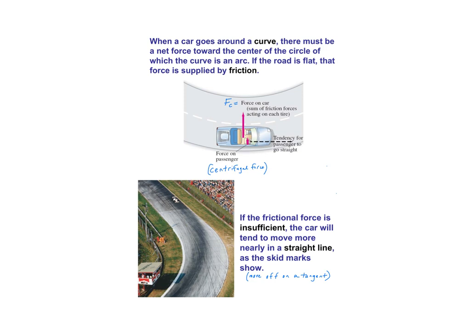Okay, here's just a picture reinforcing that. When you go around a flat curve, the centrifugal force is due to the friction, which is little f, actually a static friction.